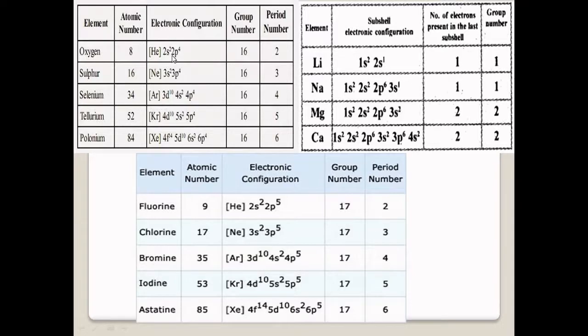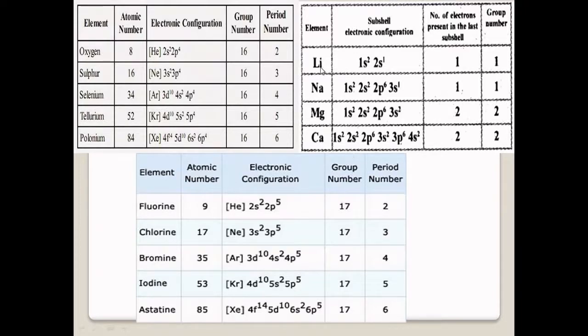For the others it is also group 16, but period number is 3, 4, 5 and 6, and so on. So the valence electrons in each shell below oxygen, that is sulfur, selenium, tellurium and polonium, is 6 electrons. Are you getting this?